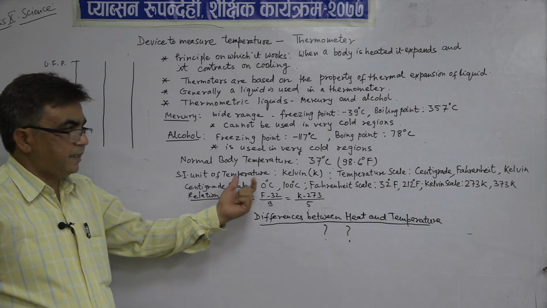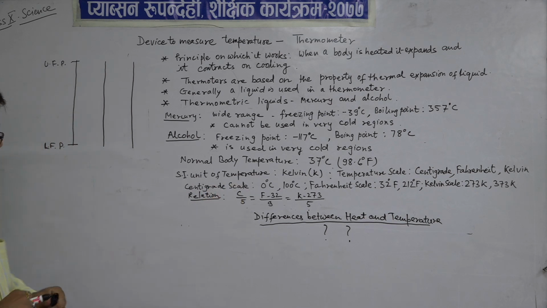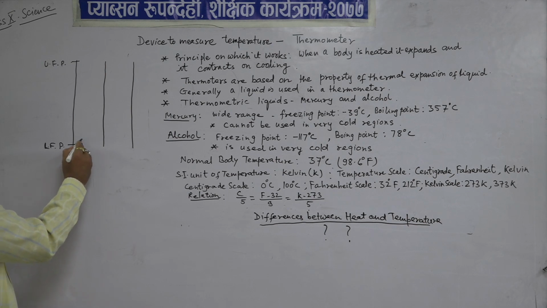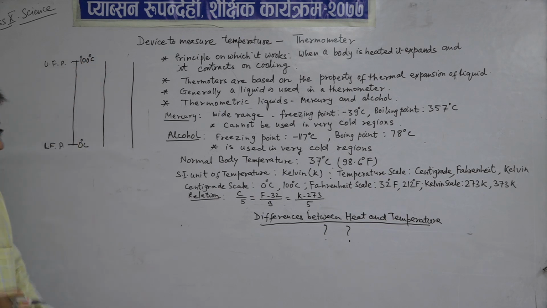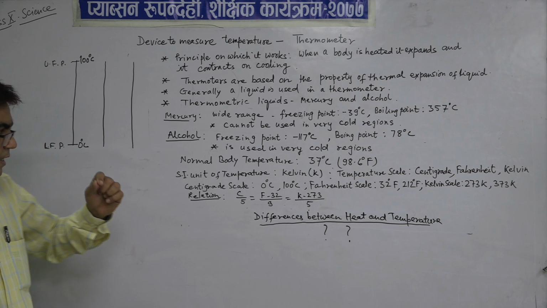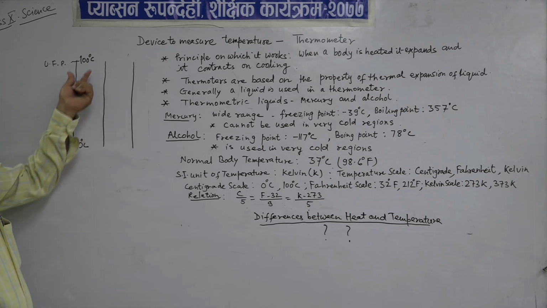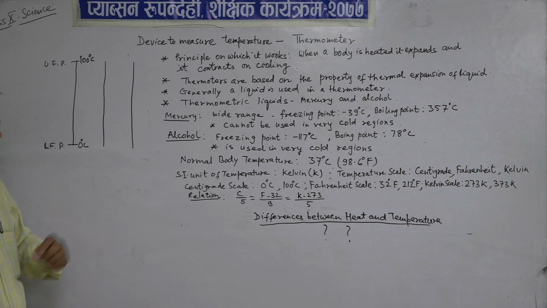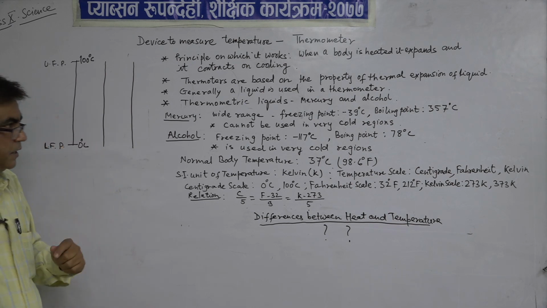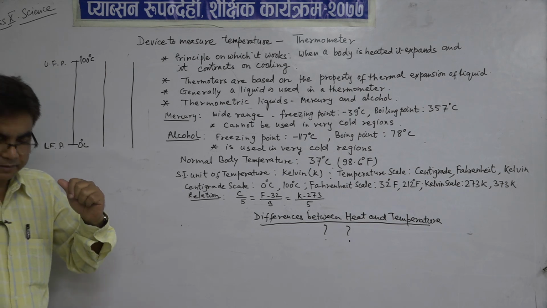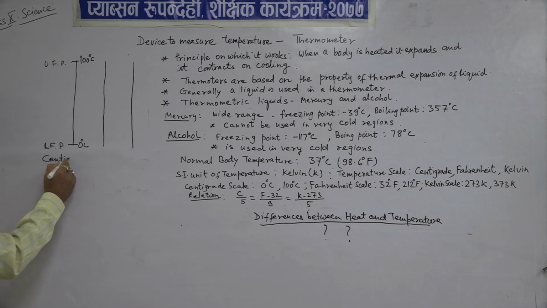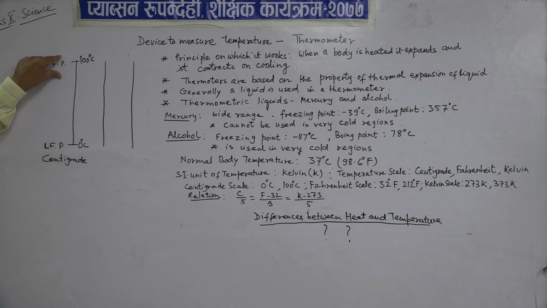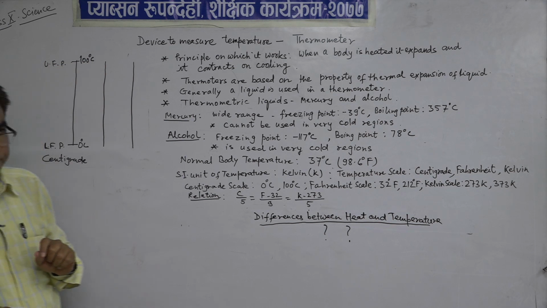For the centigrade scale, the lower fixed point is 0 degree centigrade and the upper fixed point is 100 degree centigrade. So, what does it mean? It means water freezes at 0 degree centigrade and water boils at 100 degree centigrade. So, whenever we are making a liquid thermometer, first we have to decide on which scale to calibrate it. Suppose on the centigrade scale, we have to understand that the lower fixed point is 0 degree centigrade, the upper fixed point is 100 degree centigrade.